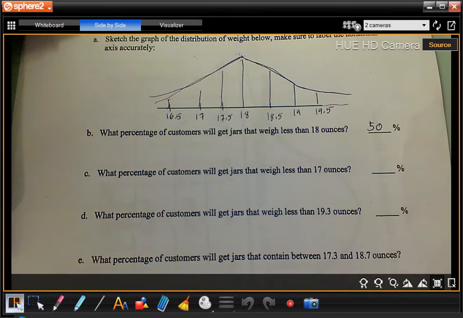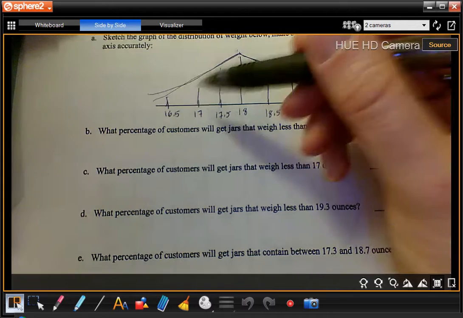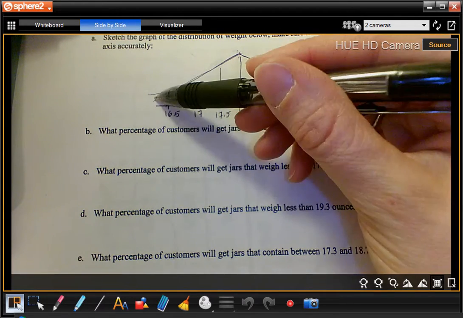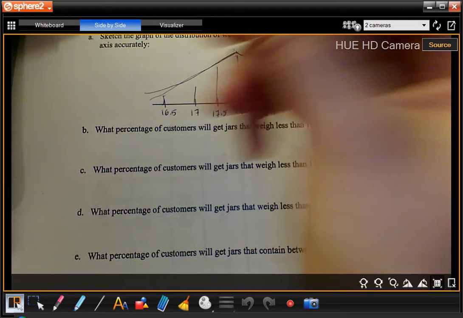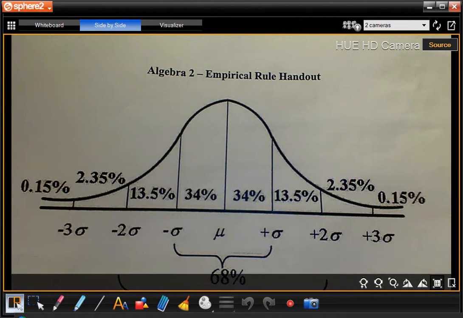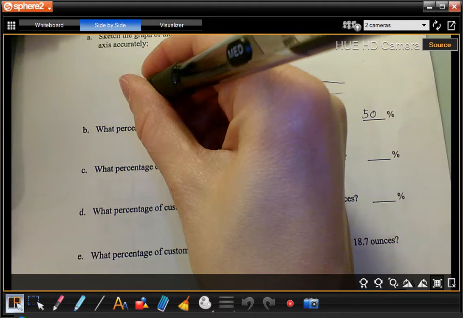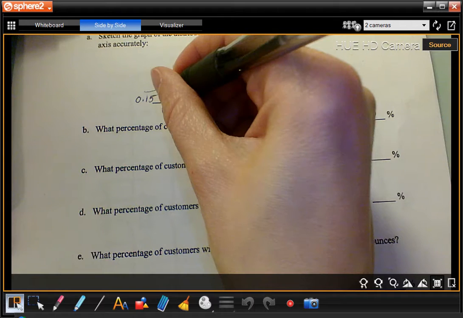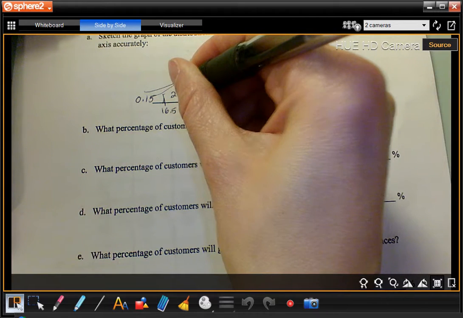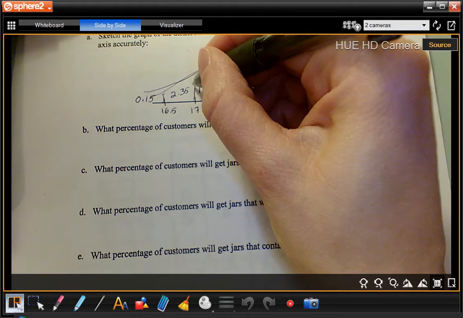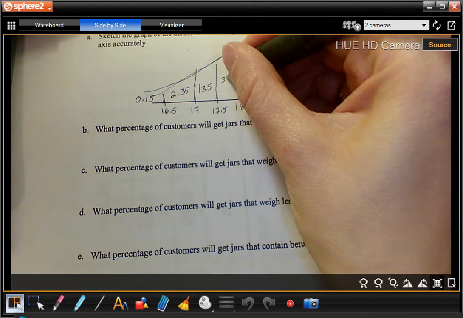What percentage of customers will get jars that weigh less than 17 ounces? So 17 ounces is right here. So I want to know these 2%. So right now, I am just going to go in and take my empirical rule chart that I have, and I'm just going to fill everything in. Miss S did this for us in class at one point. Just kind of gives us an idea of what we're talking about.